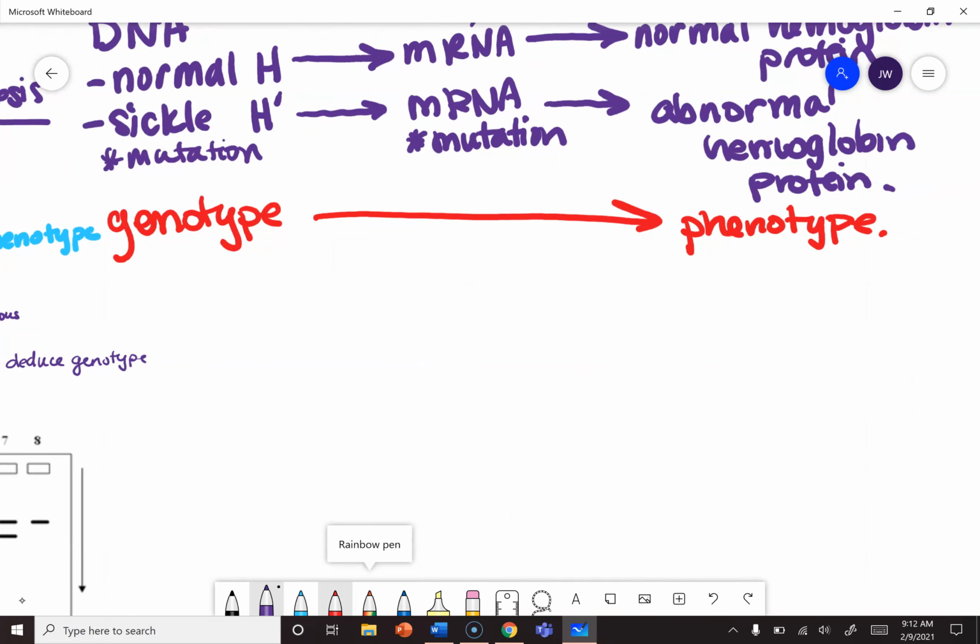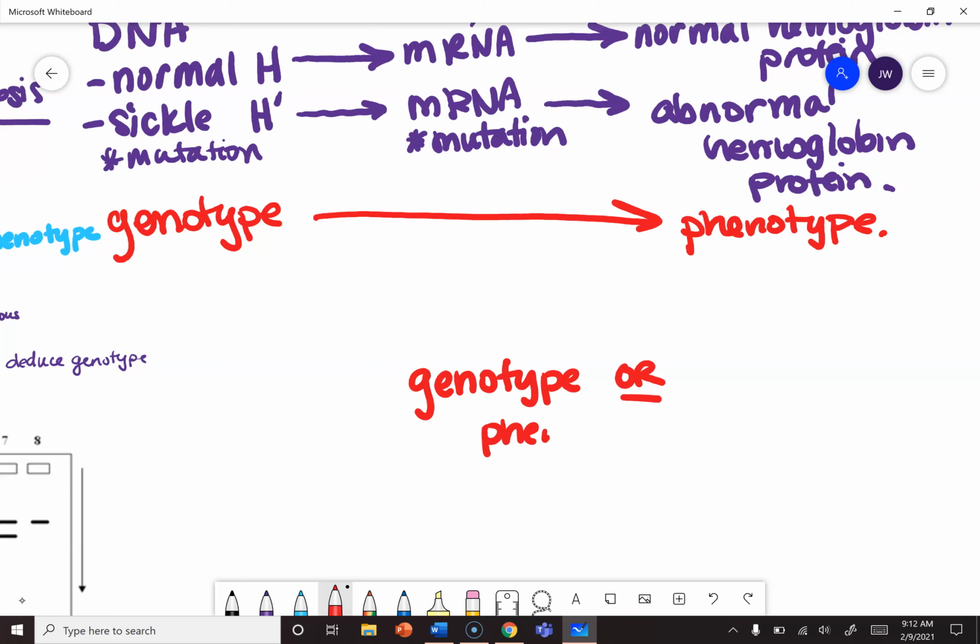So now the last thing that we're going to ask you to do is to calculate the genotype or phenotype frequency. You are going to have to determine if you are being given the genotype or the phenotype, and then figure out the frequencies of the individuals.